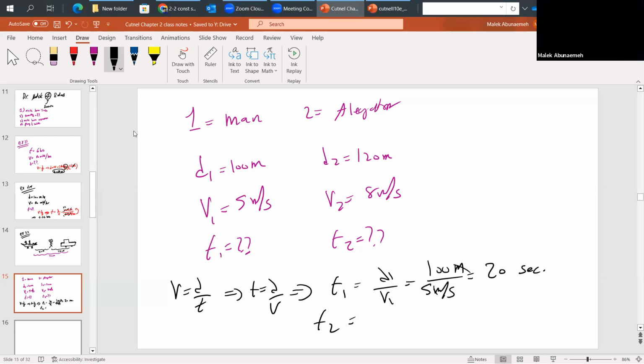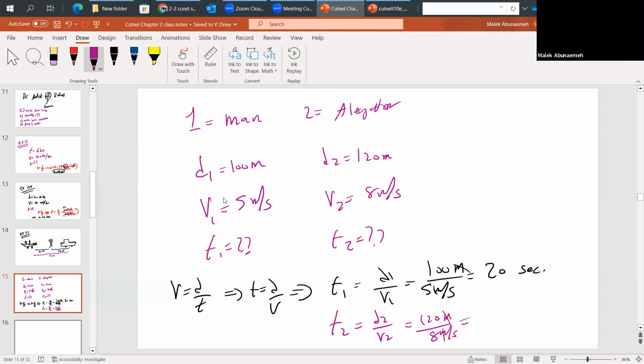For the alligator, let me get a different color. T2 equals D2 over V2, which is 120 divided by 8 meters per second.